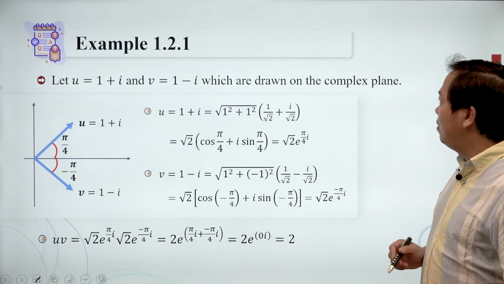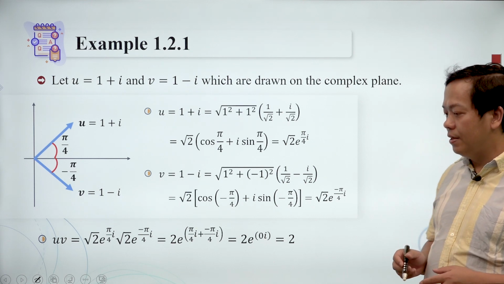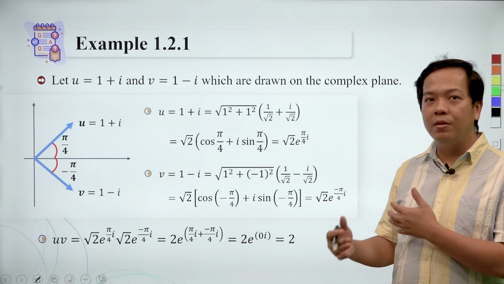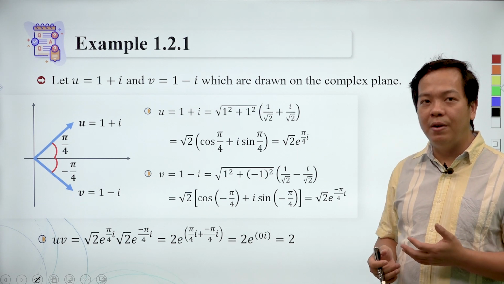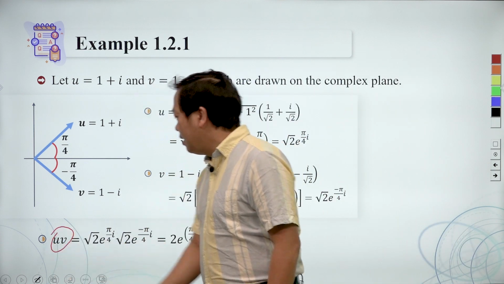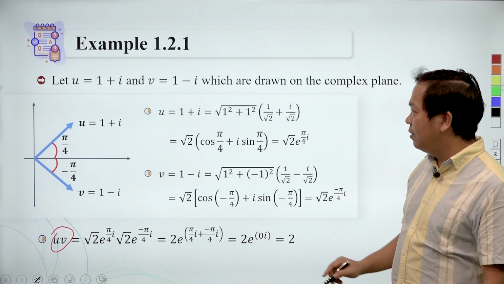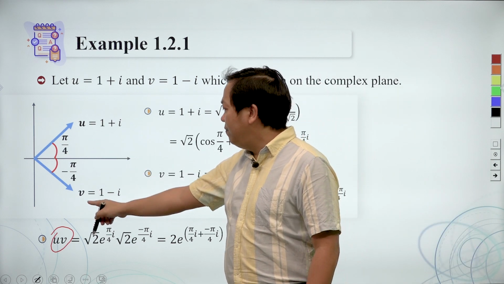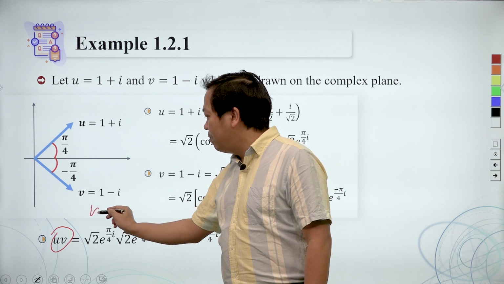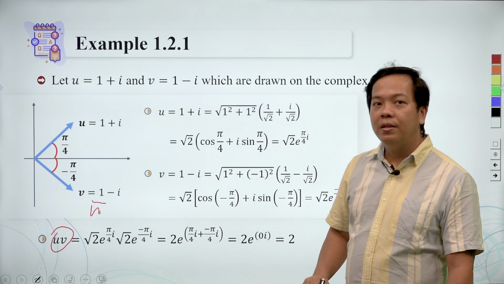Okay, one of the important parts of the Euler formula is that it can help you to multiply two vectors. If we multiply two vectors like vector u and vector v, actually if you see, this one is vector v equal to u conjugate.